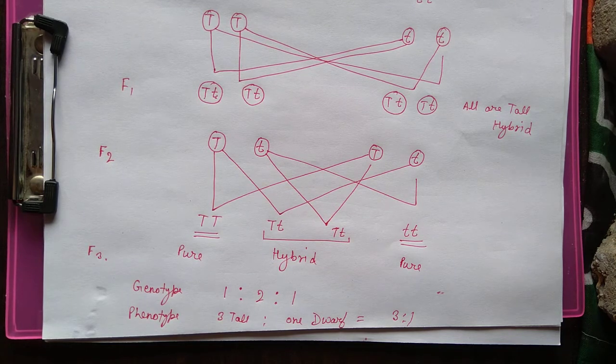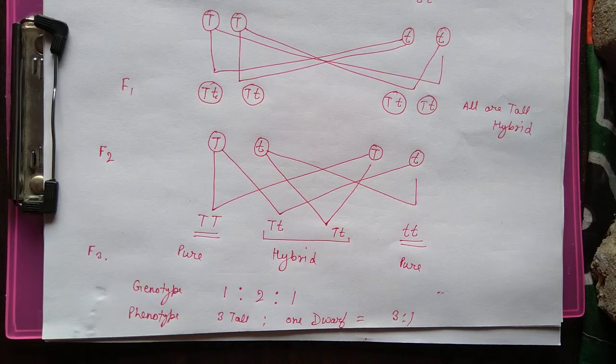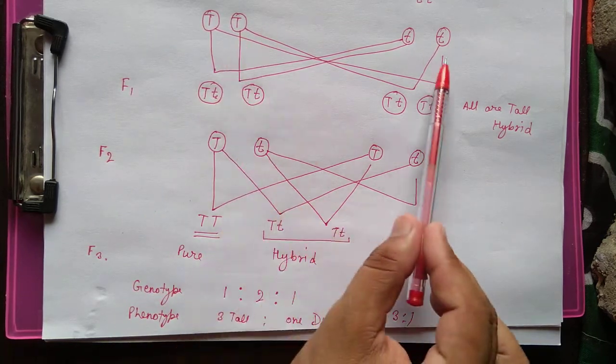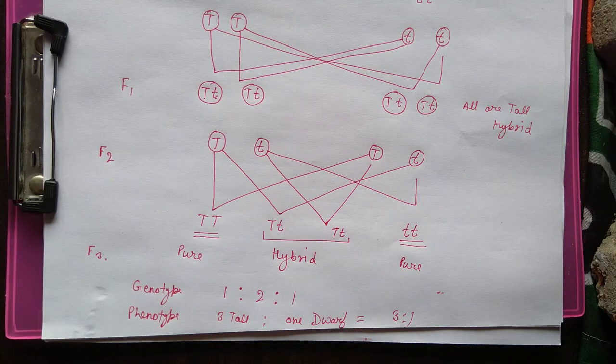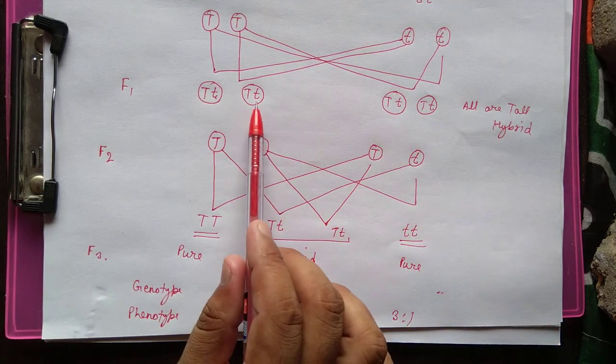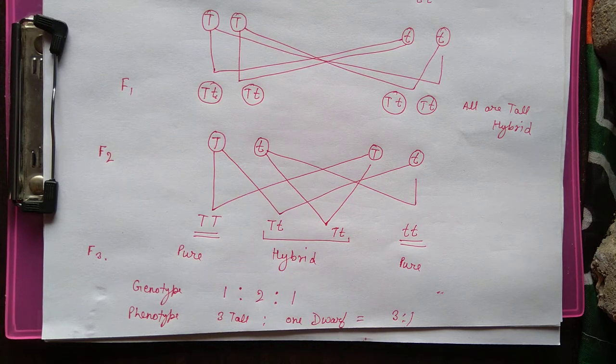Next, both characters appear in the F2 generation, means the tall and dwarf characters both appear in the F2 generation. In the F1 generation, if you are taking two characters or two traits, one of them becomes unexpressed, means becomes recessive in the F1 generation. So here the dwarf allele, the small t, is recessive. So this is all about the monohybrid cross.